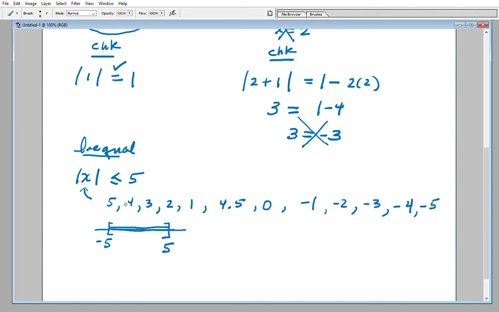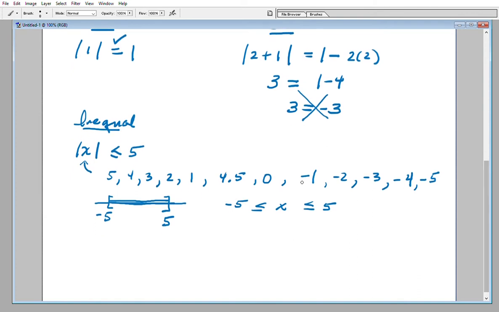So it's very important to understand this example. Okay, so this means numbers between minus 5 and 5, and we can open it up like this. So if you understand this one little example, then you can do all the problems that involve absolute value less than or equal to a number.